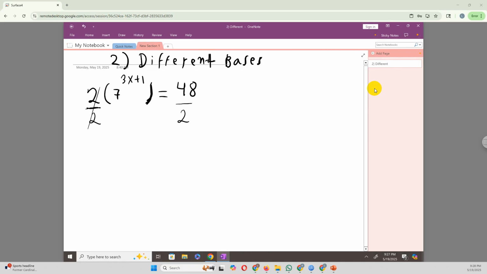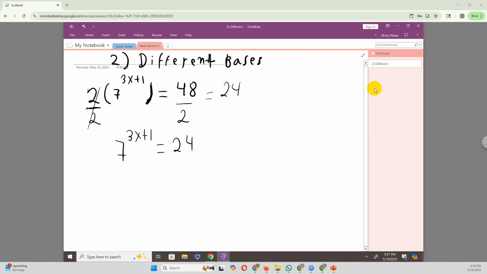So these guys become 1, 2 divided by 2, 1. And 48 divided by 2 becomes 24. So basically what we have is 7 to the power of 3x plus 1 equals 24. That's what we have.